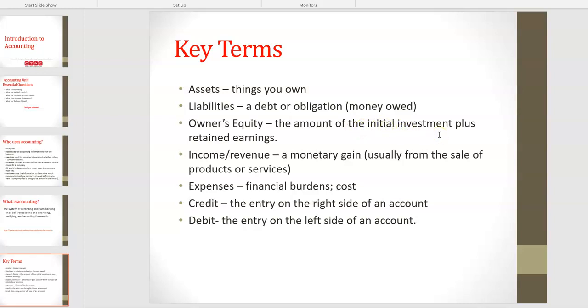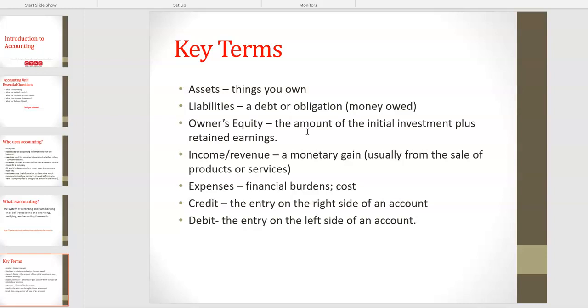Anytime the business makes money, as part owner, the owner will be entitled to receive some of that income. And so that income is going to be their retained earnings. So the owner's share is going to be what they initially invested plus whatever they've earned since being an owner. And generally that is going to be calculated by looking at the value of the business, what the business owns less what the business owes.